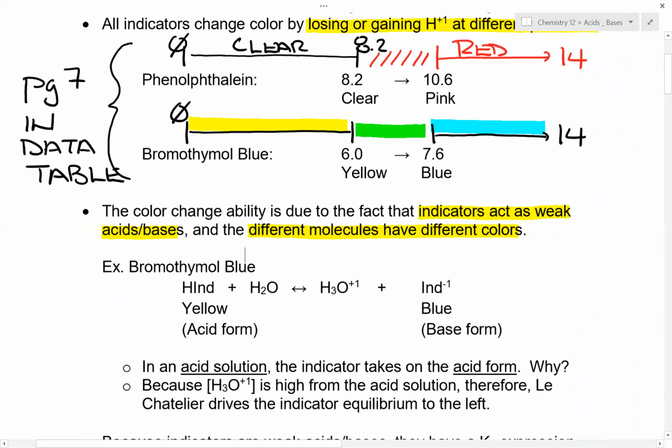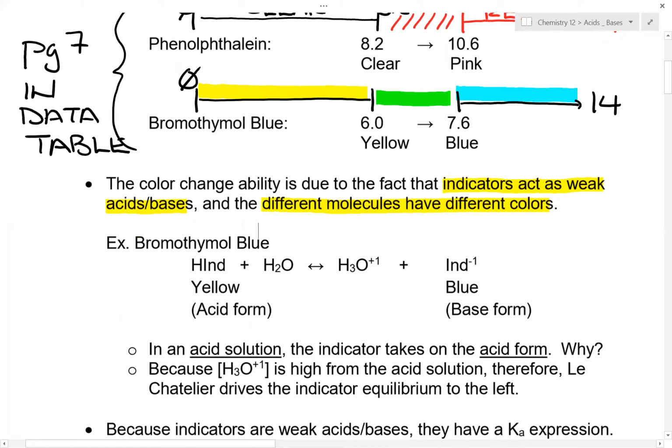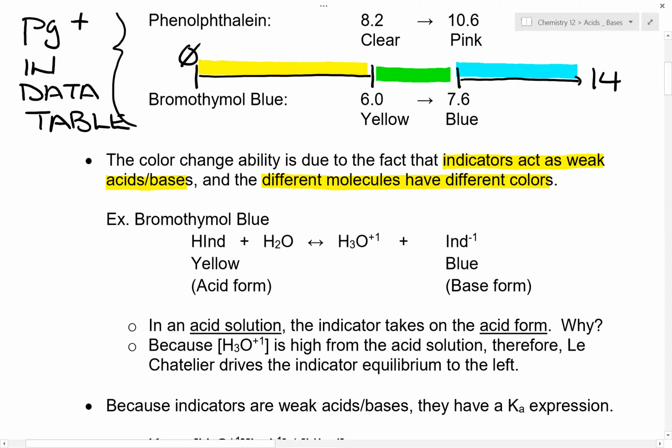That's the only thing that is different. Okay? You treat them exactly the same as weak acids or weak bases, but the only difference is that the acid and its conjugate base, or the weak base and its conjugate acid, have different colors.